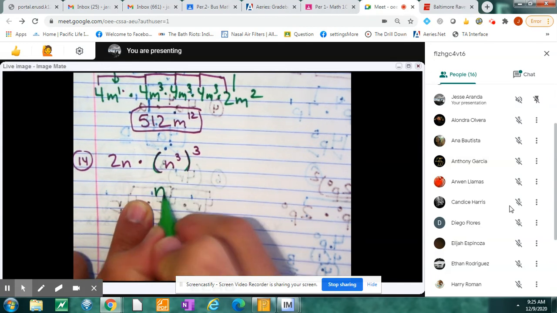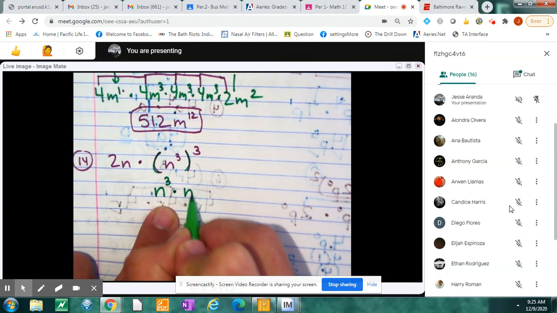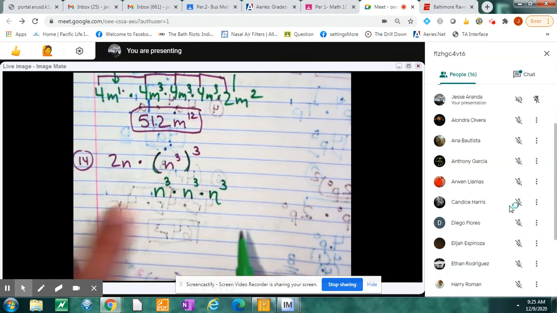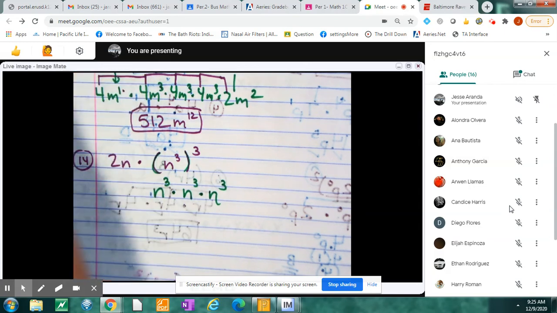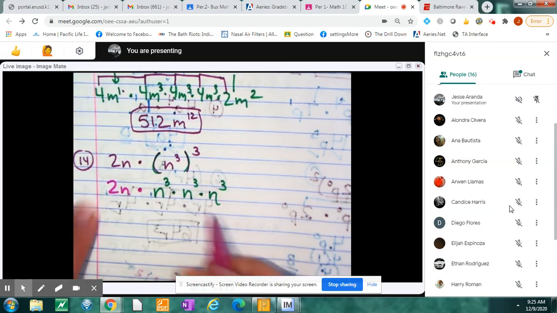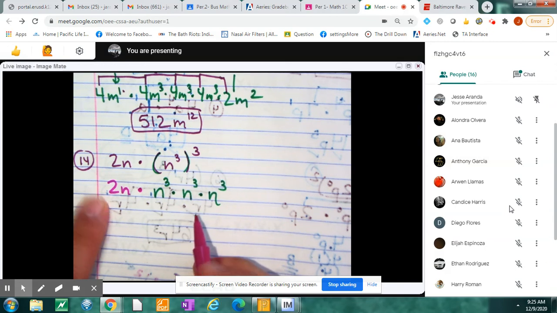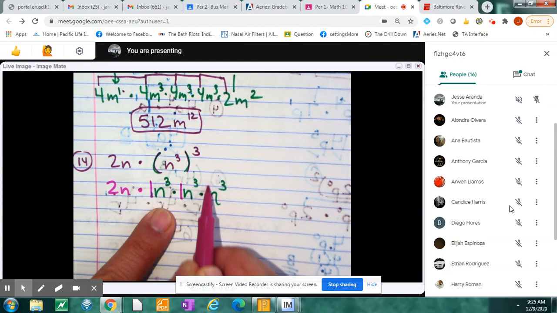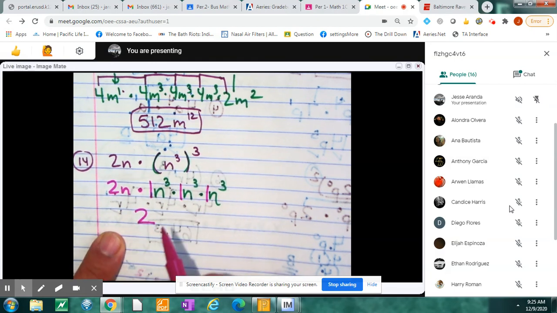So multiply it by itself 3 times. 1, 2, 3. Okay, and then the 2n just comes down. See that? So then we got 2 times 1 times 1 times 1, which is 2.